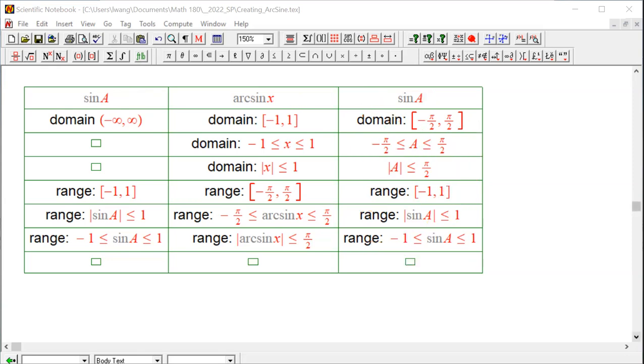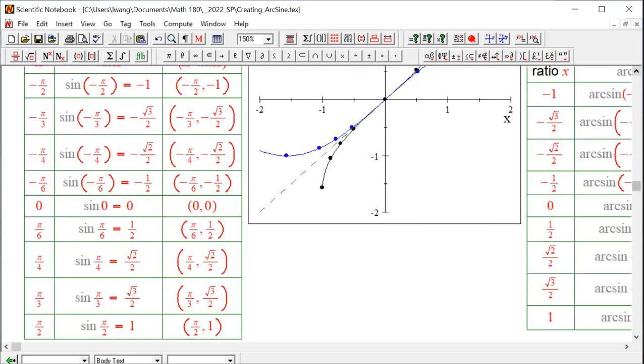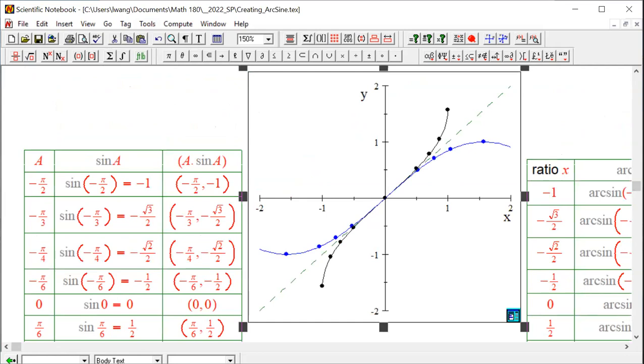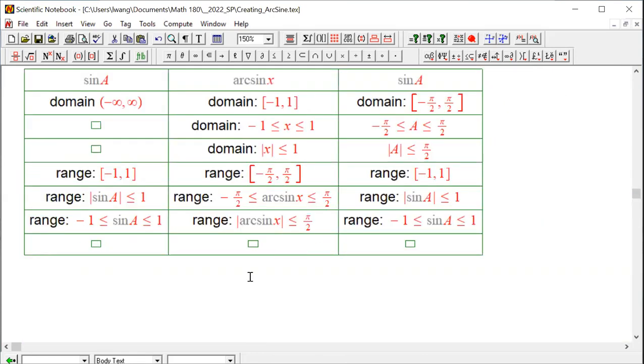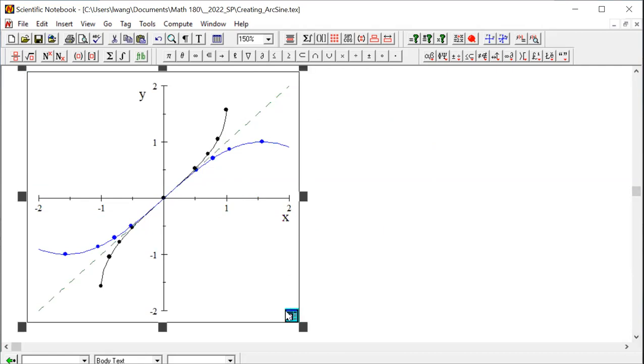Now we've done this picture, so I'm going to use it. I'm just going to show you the wider range.